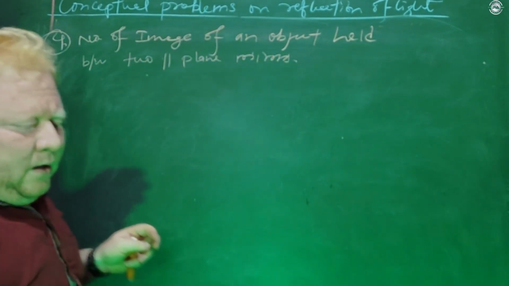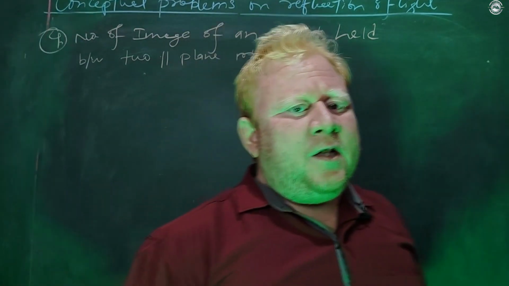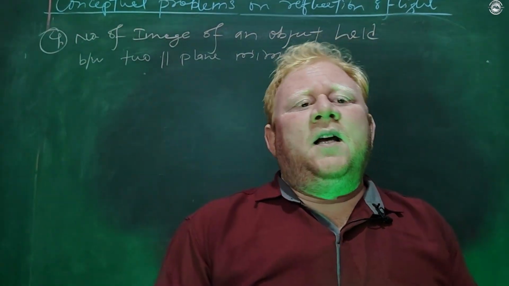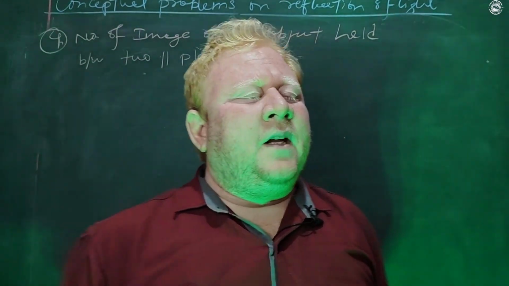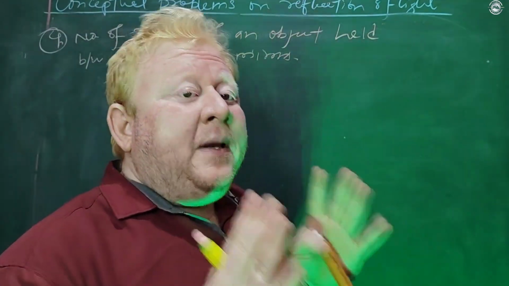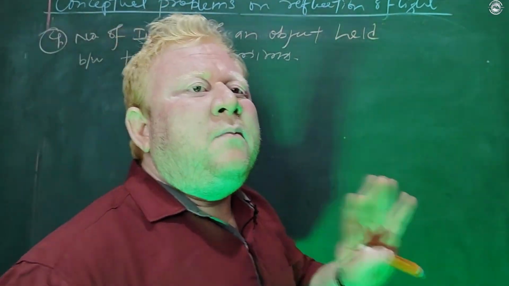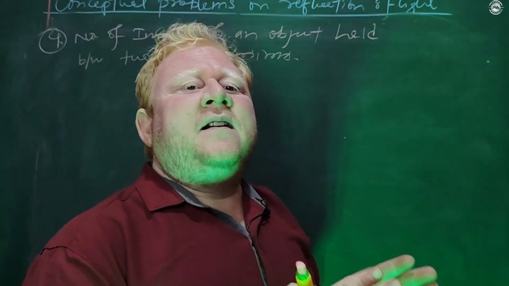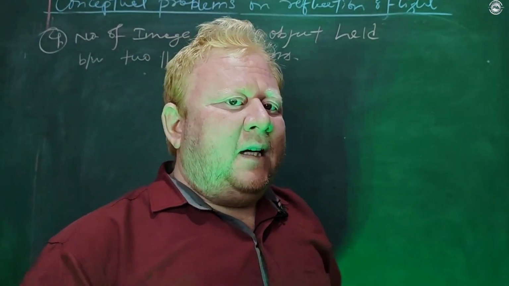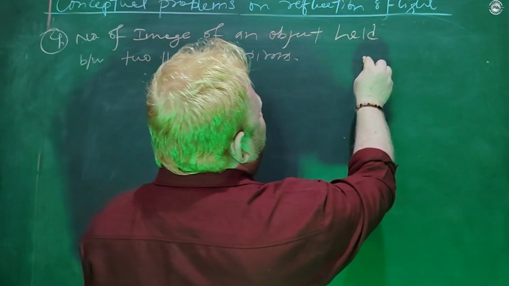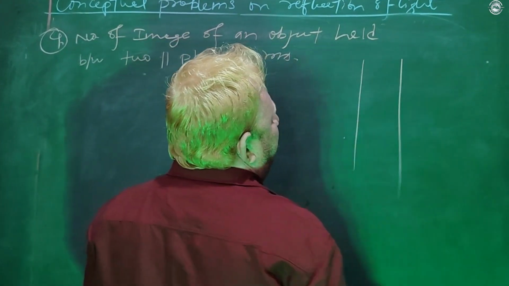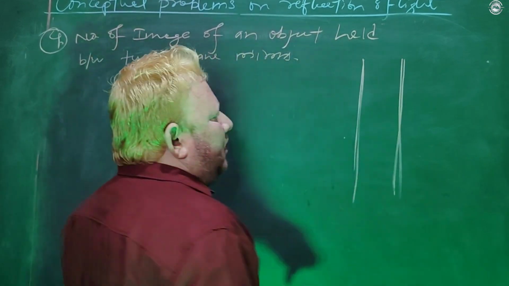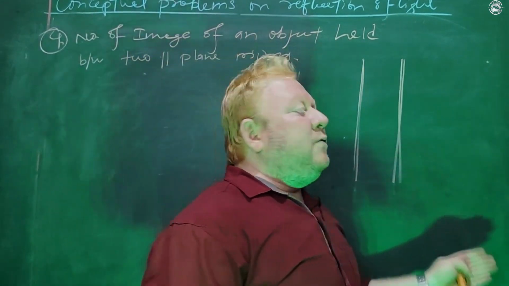So we have to find out the number of images formed of an object when placed in between two parallel plane mirrors. You know the number of images depends upon the angle of inclination of the mirrors. So if two mirrors are placed parallel to each other, then how many images would be formed?